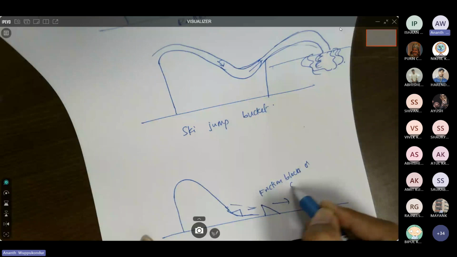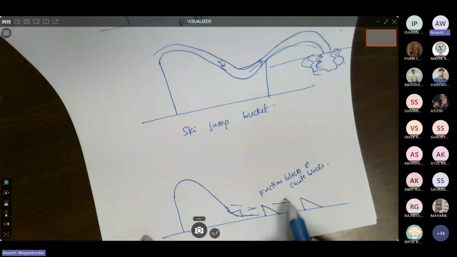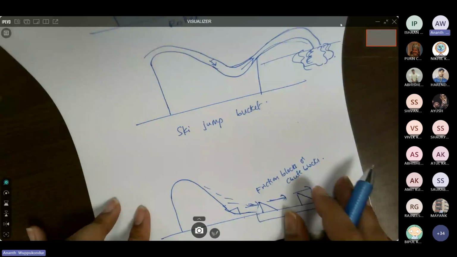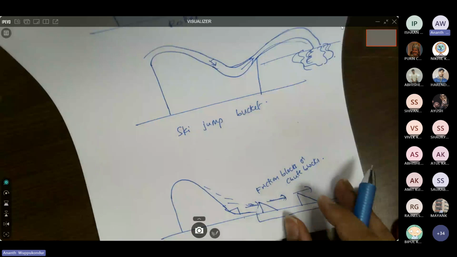If you provide these blocks, then whatever the flow is coming in is facing an obstruction. By hitting these obstructions, you're increasing the friction and so you're reducing the energy of the flow. These will be provided on aprons or on a concrete surface, not on the soil. So making use of these chute blocks or friction blocks, you can also dissipate the energy. Now, these are the different types of energy dissipation mechanisms on spillways.